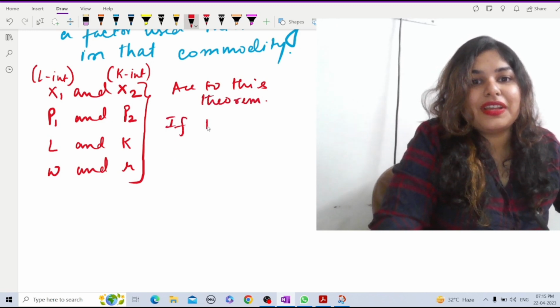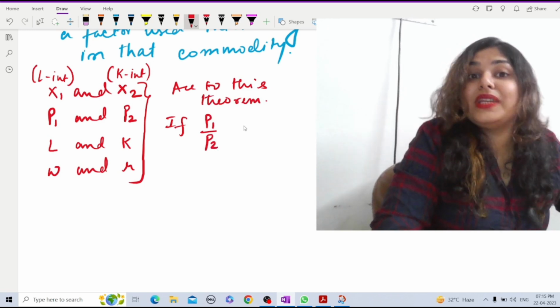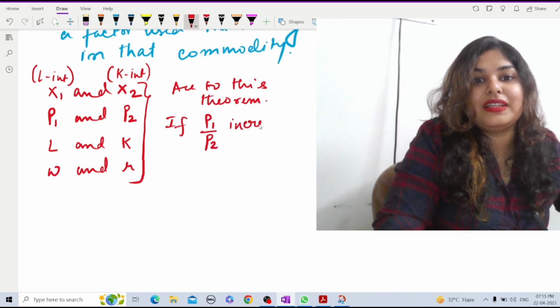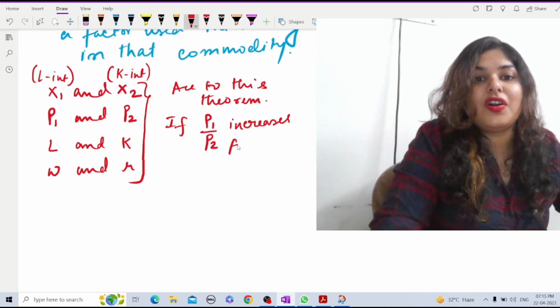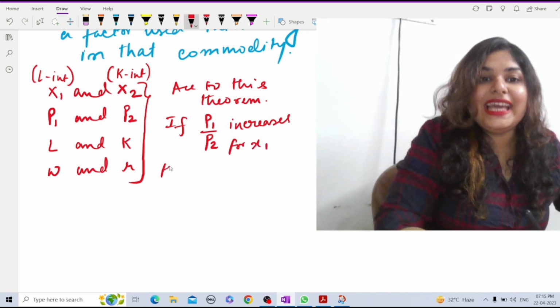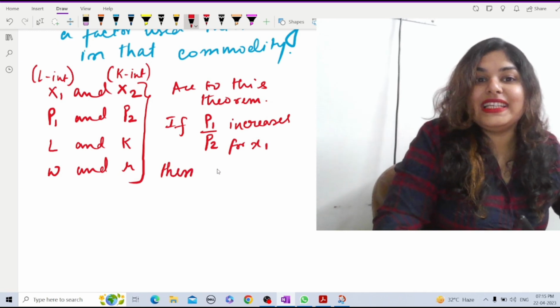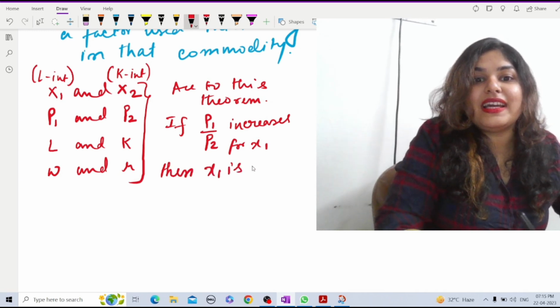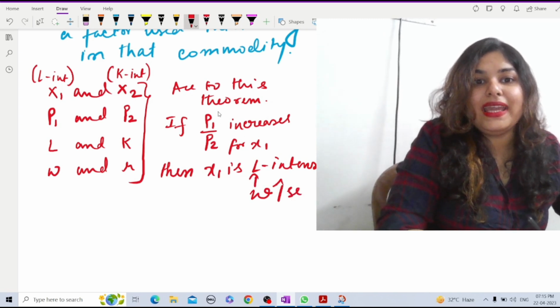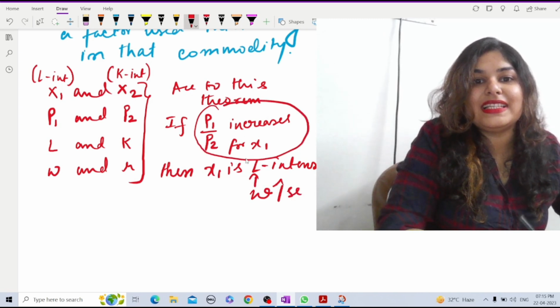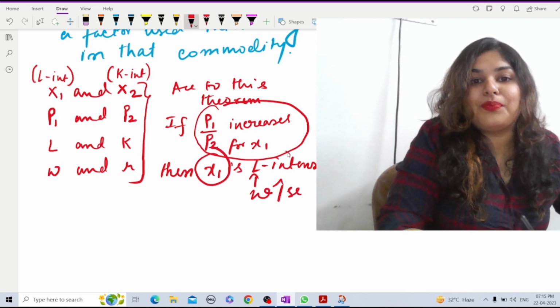if P1 by P2, that is the relative price of a product, increases, that is the relative price increases for X1, then obviously X1 is labor intensive, and the return to this is W, which will increase. Why? As a result of the increase in this, the factor used intensively, the return will increase.